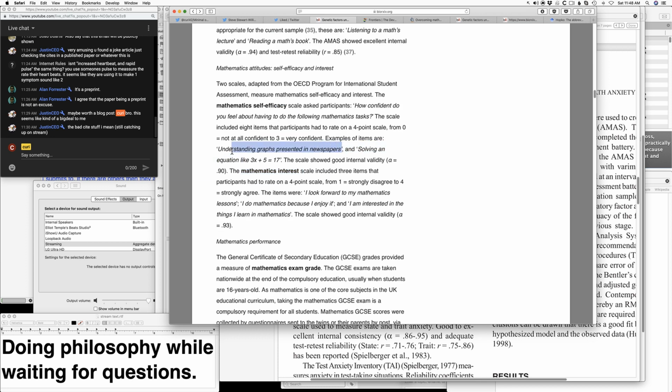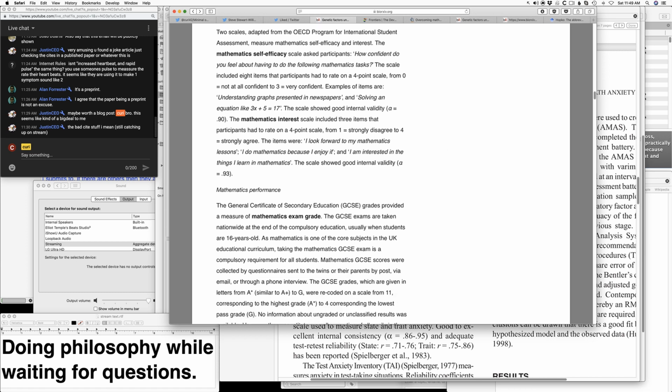But then this one about newspapers is a general thing. So they're actually inconsistent with their own stuff. Because this was all of the items. This was the entire survey for this thing. But then for this other one, they just have a completely different type of thing. So they do not have good internal consistency for what they're even trying to study.